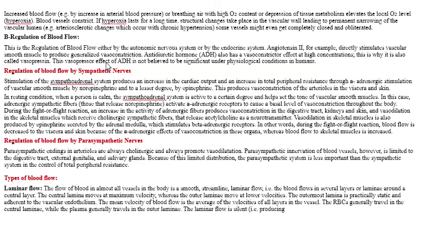I talked about number A, regulation, and now regulation of the blood flow. This regulation of blood flow is either by the autonomic nervous system, sympathetic, parasympathetic, and the endocrine system, angiotensin 2 in the kidney, which stimulates the vascular smooth muscle to produce generalized vasoconstriction.